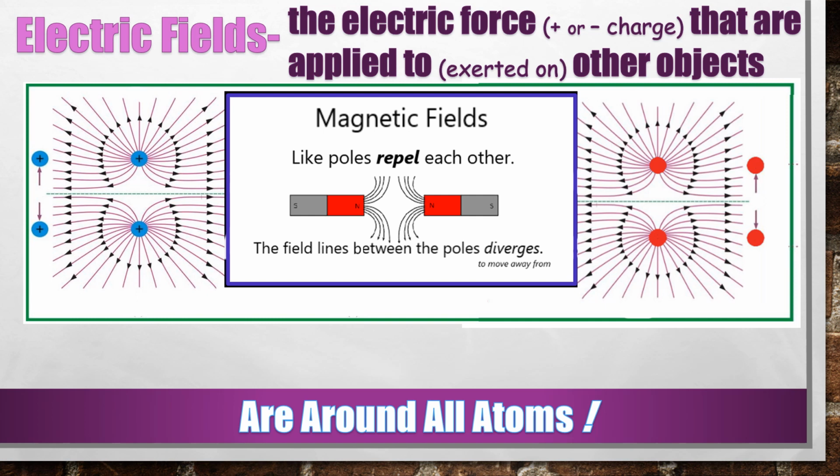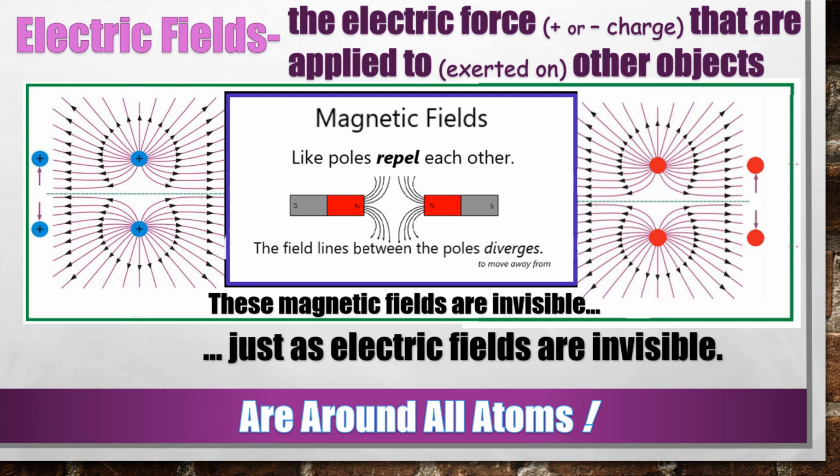Those magnetic fields are going to diverge. They're going to bend away from one another and cause that repulsion. So in the same way that those magnetic fields, when you're playing with magnets, are invisible, so are the electric fields of atoms, but they're still there.